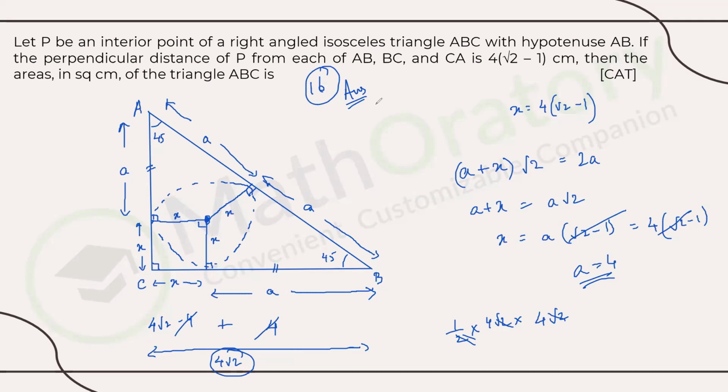Okay. Nice. This was an interesting one, and a nice question. This particular idea, this particular shape, if you remember in our lessons, I used to discuss the incircle and circumcircle of a right angle triangle, right? This is any kind of right angle triangle, not just an isosceles one.